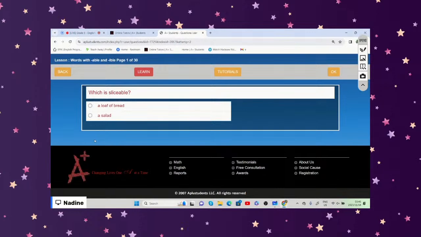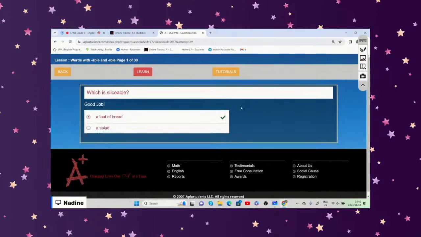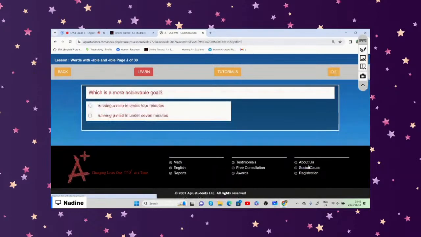A loaf of bread, and now I have a slice of bread, or a salad, and now I have a slice of salad. All right, and something that is sliceable, right, means that we can slice the loaf of bread, right? That is why we have slices.